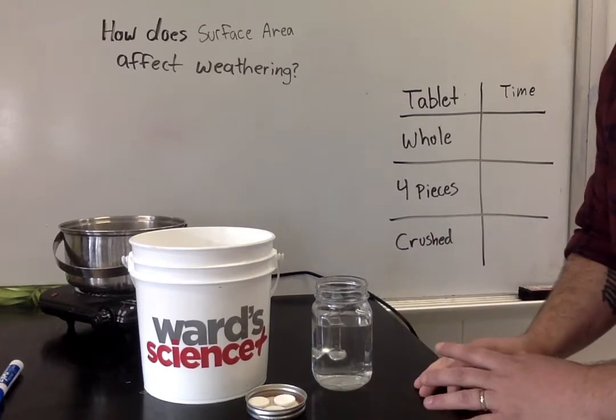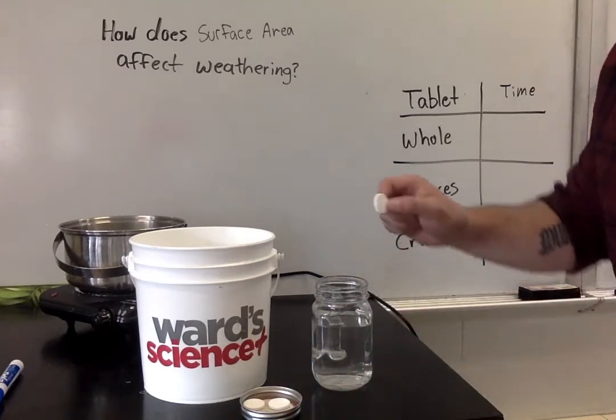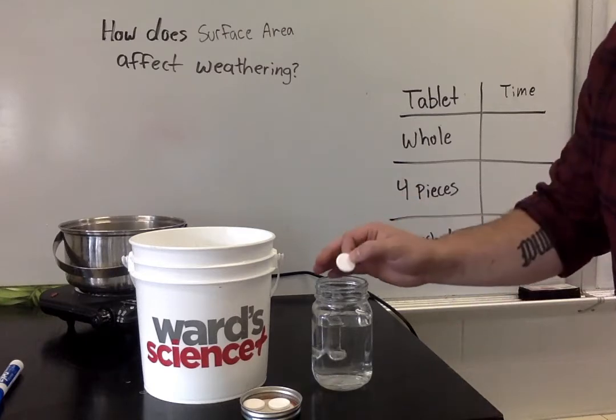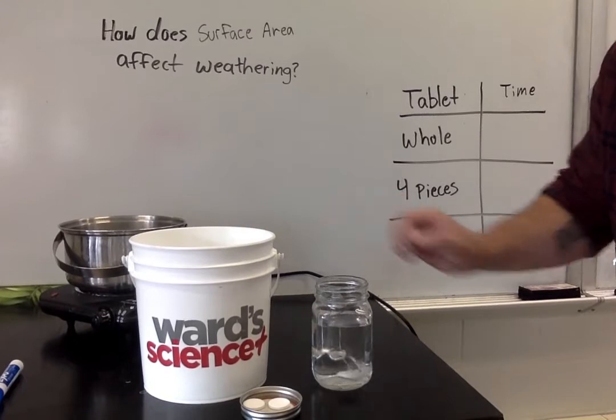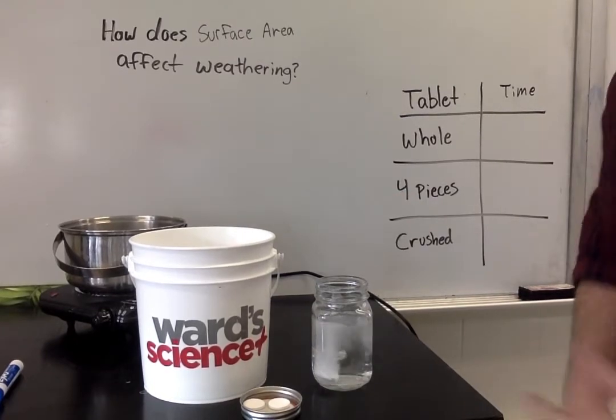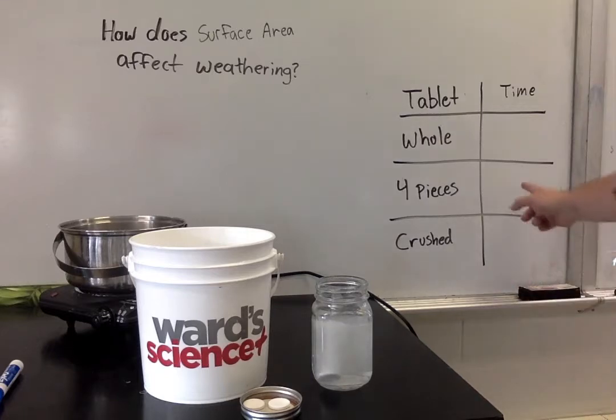So regular, normal, room temperature water, we're going to drop our first tablet in, representing a rock, and this process represents just normal weathering. So once the bubbles stop, we are going to stop our time and record our results.